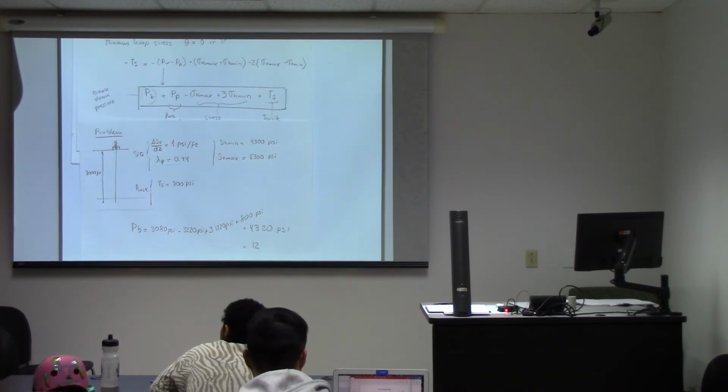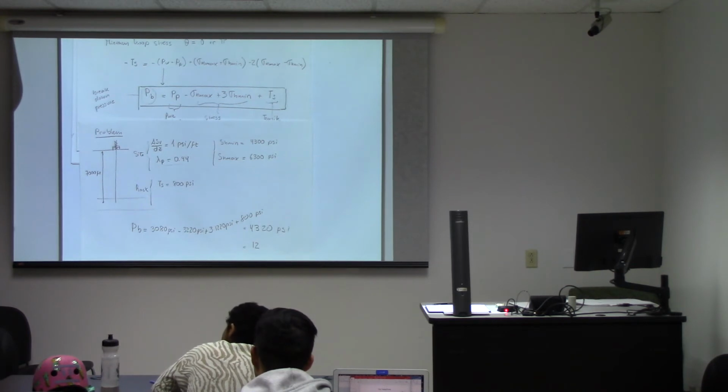So if this is pounds per gallon, then we know that the hydrostatic pressure of water is going to be 8.3, right? And you calculate about 12, so let's say 8, 9, 10, 11, 12, 13. So 8.3, this is going to be the pore pressure.